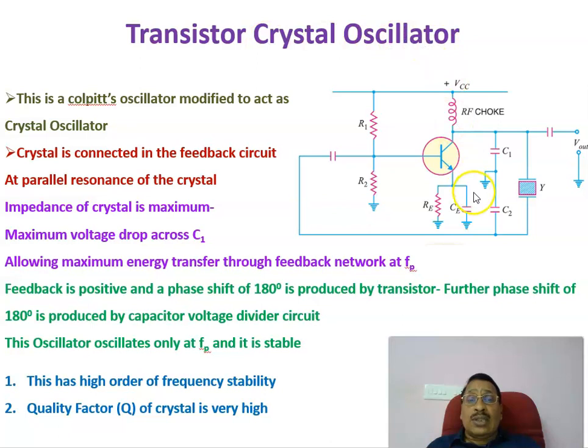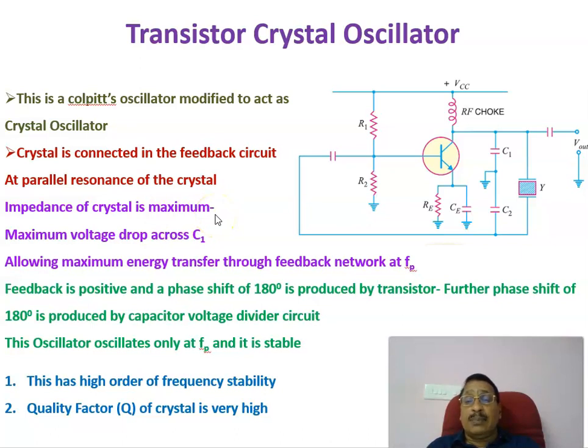Transistor crystal oscillator. This is a Colpitts oscillator modified to act as a crystal oscillator. Rather than connecting an inductor, the crystal is connected in the feedback circuit, and at parallel resonance of the crystal, the impedance of the crystal is maximum.